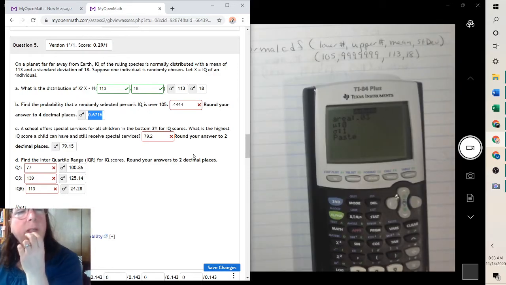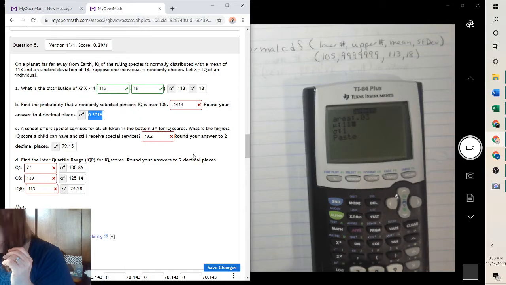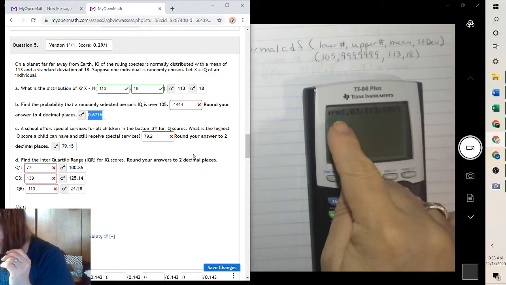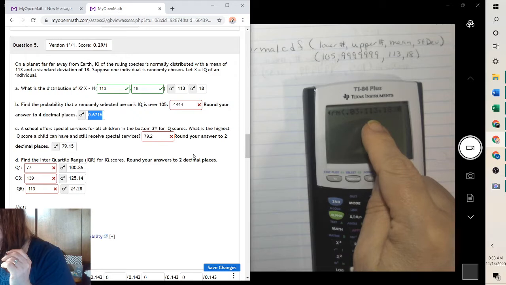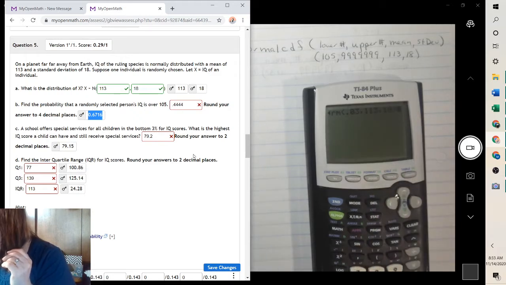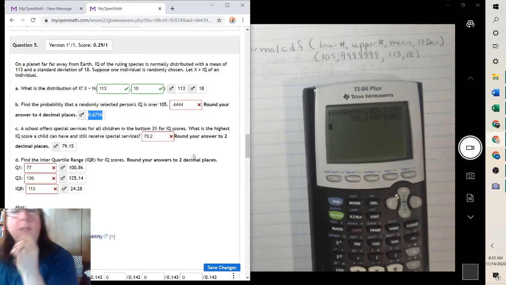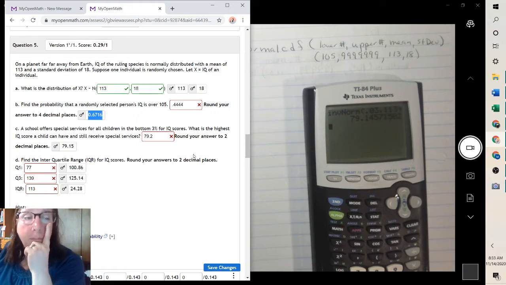And then our mean was 113 and 18. And then it puts it in there. Now if you have the older calculator, then you put your percent, comma, as a decimal, your mean and your standard deviation. And there's your answer, which is right here. This answer was correct. It was just the rounding.